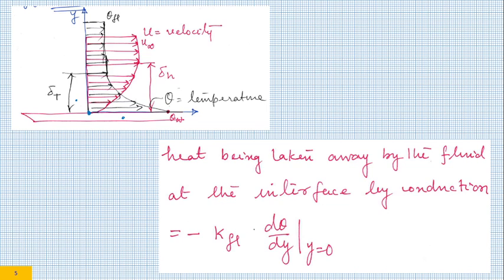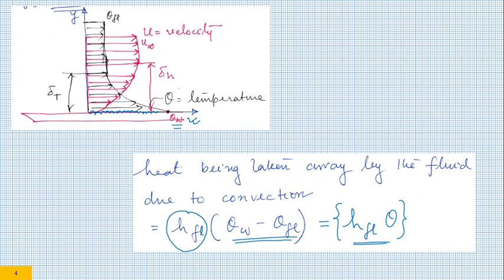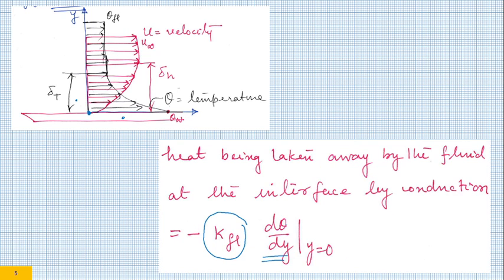plate. And the conduction equation in one dimension is written like this: Kf into the thermal gradient, with a minus sign because heat flows from the hot plate to low temperature, so this gradient is negative. So these are the two mechanisms which are working. One is heat transfer by convection, another one is heat transfer by conduction.